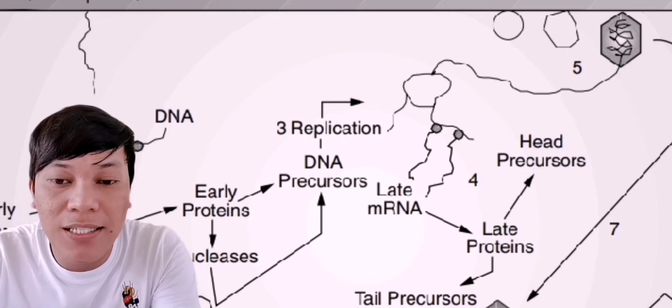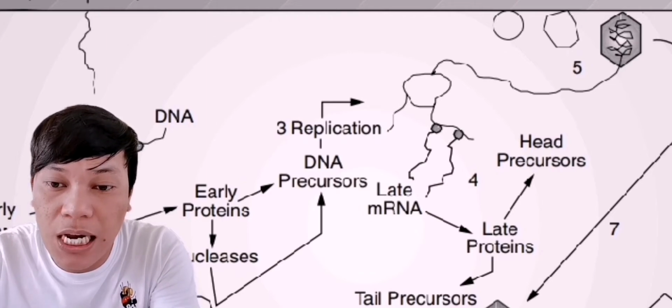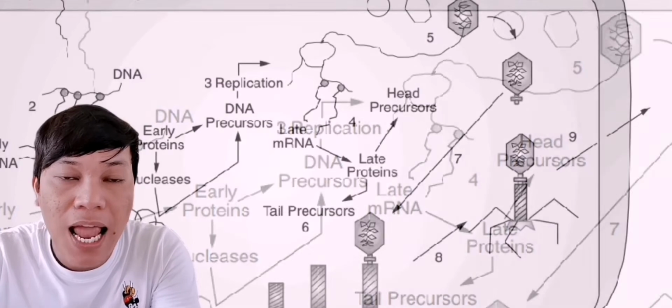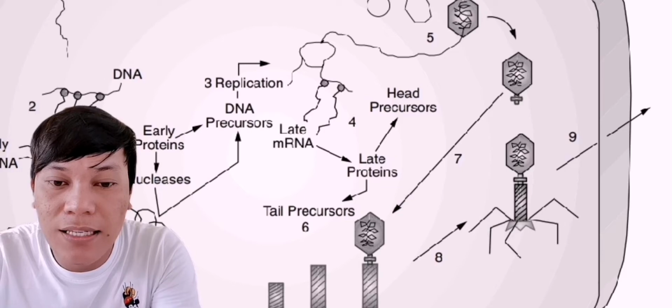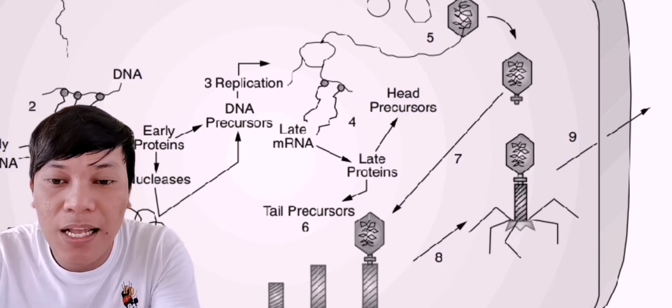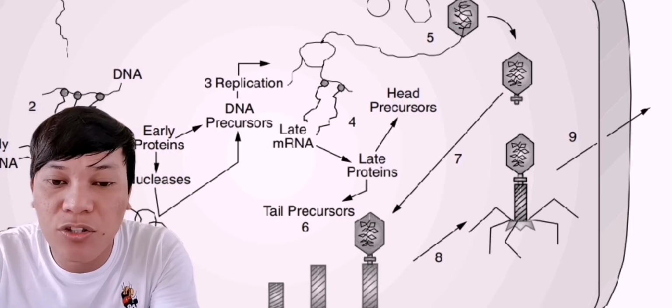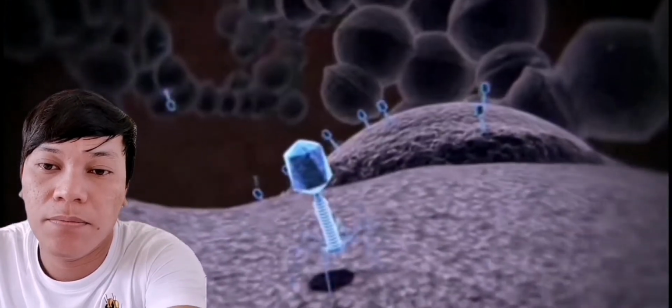Number 4, transcription of late genes. Number 5, head assembly. Number 6, tail assembly. Number 7, attachment of head to tail. Number 8, attachment of tail fibers. And number 9, cell lysis and release of mature phage.